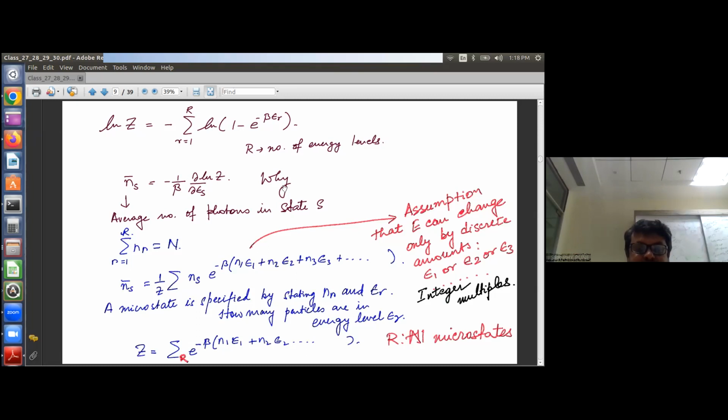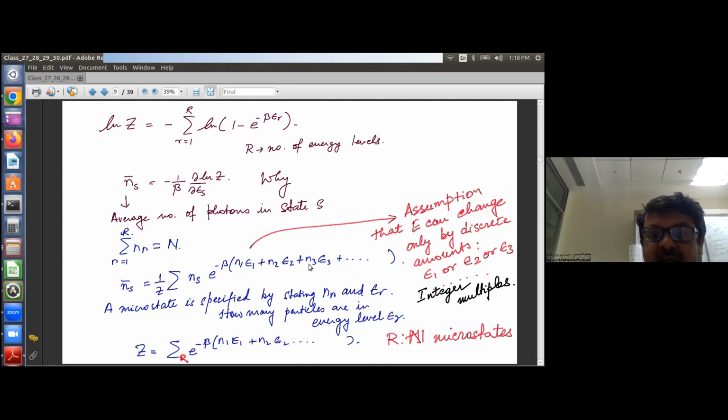And why is that? So basically, if you have to calculate that, then n bar s in a particular energy level s will be given by 1 by Z, the number of photons in that energy level, times the probability of accessing that microstate. So remember, here you have n1 epsilon 1, n2 epsilon 2, all of these, because they constitute a microstate, right?